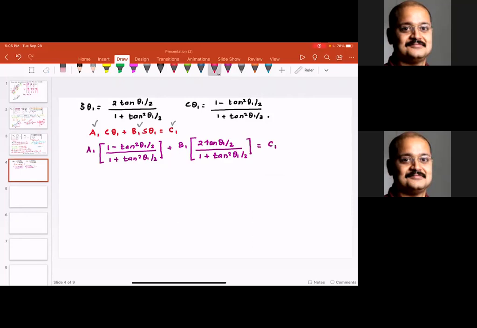So I'm going to keep the numerator as is, but I'm going to take the denominator of the equation on the right hand side.